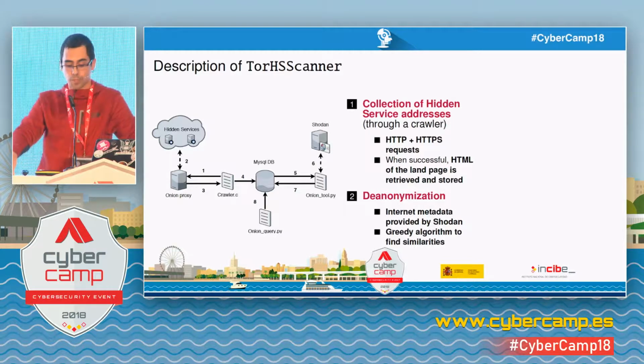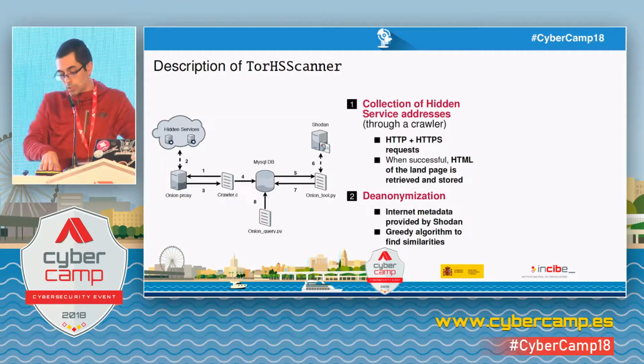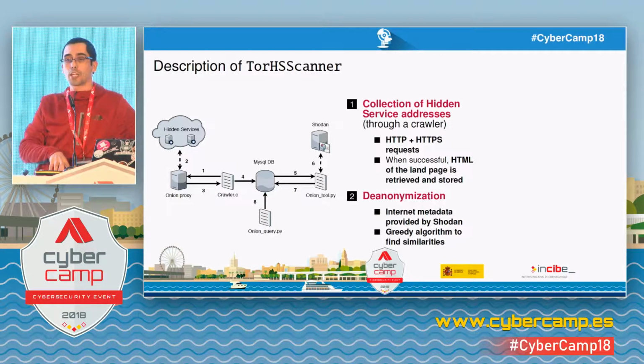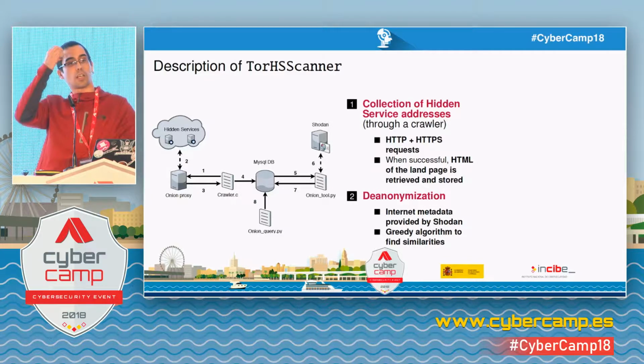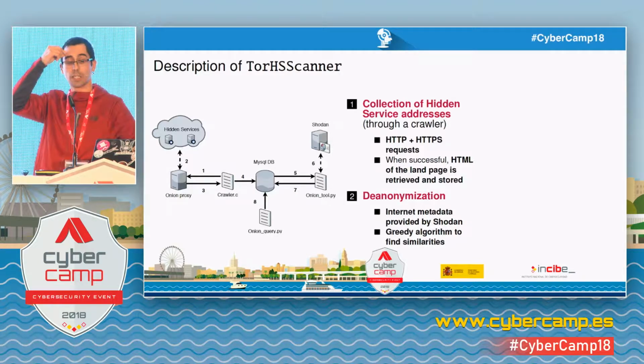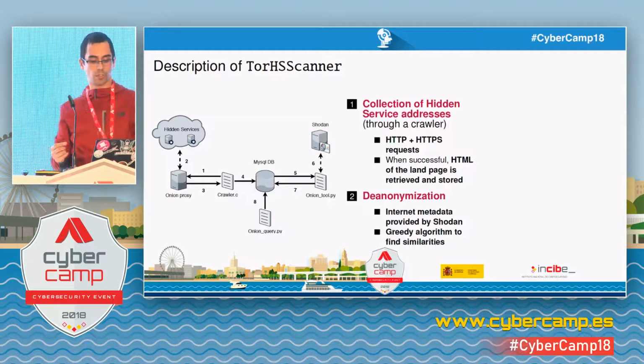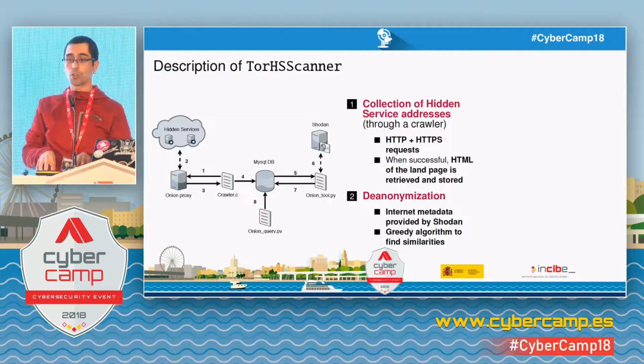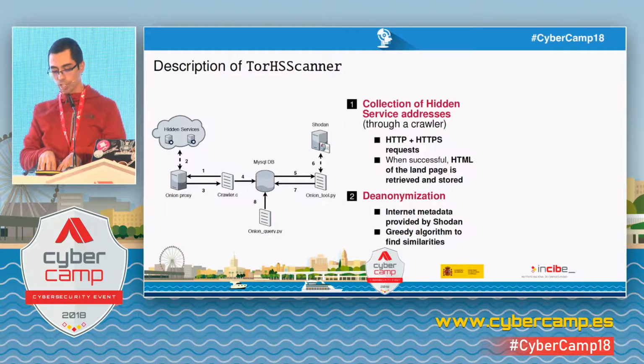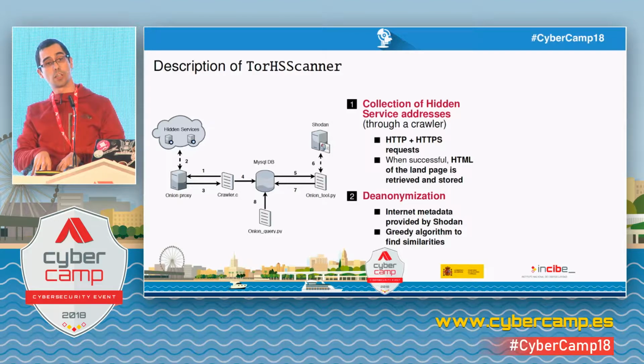The second part is the anonymizing. All the characteristics and information that we get through HTTP and HTTPS, that is to say all the headers, all the metadata that was generated, is stored. So in case of HTTPS, the SSL fingerprint, the dates of the certificates, etc. All that information has been checked against the information available at the Shodan database.